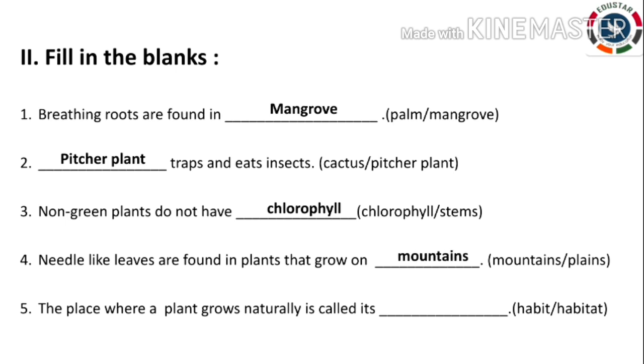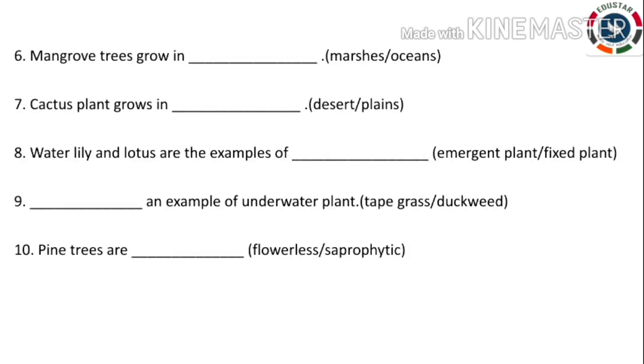The place where a plant grows naturally is called its habitat. Sixth one, mangrove trees grow in marshes. Cactus plants grow in desert. Water lily and lotus are the examples of floating plants. Dash is an example of an underwater plant.